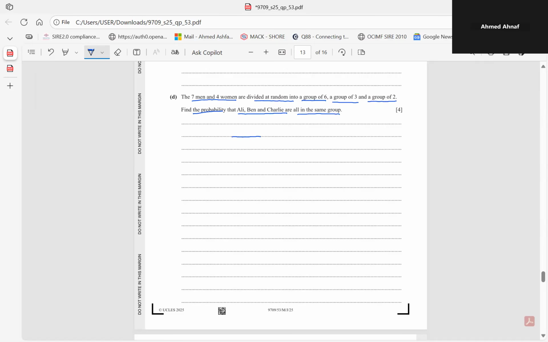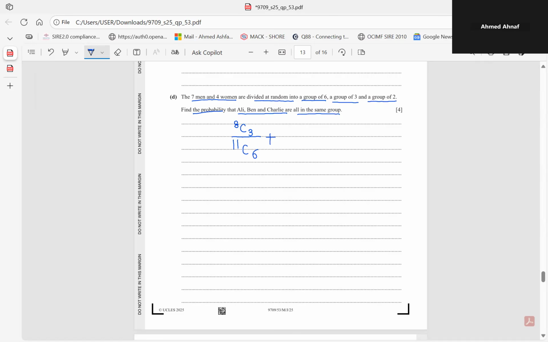So 3 spots would have already been filled, so there are 3 more spots to fill. And since Ali, Ben, and Charlie are not part of this, it's 11 minus 3, that would be 8. So you would have 8 choose 3 over the total number of possible combinations for a group of 6, which is 11 choose 6. So this is the first probability, that they're in a group of 6.